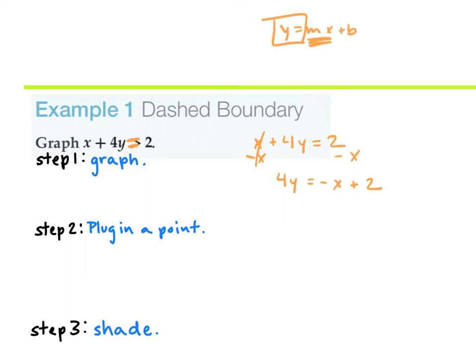Divide by 4. So since 4 is being multiplied to y, to move it, I'm going to divide by 4. So I'm dividing everything by 4. So I have y is equal to negative 1 over 4x plus, I'm going to simplify. How do I simplify 2 over 4? 1/2.